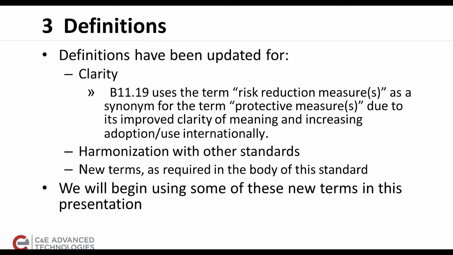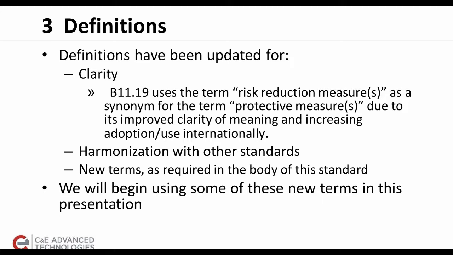We have updated the definitions, some based on need for clarity. For example, we are now using the risk reduction measures term instead of protective measures, just because it's a little bit clearer. And it's also an attempt to harmonize with other standards to use similar terms. We also have a couple new terms that are required in the body of the standard to identify certain functions. We'll begin by using some of these terms in this presentation.